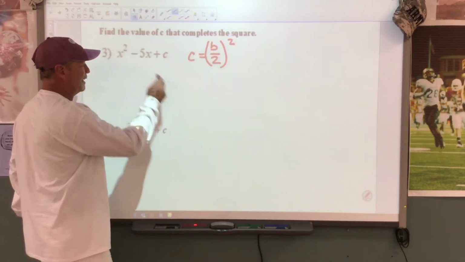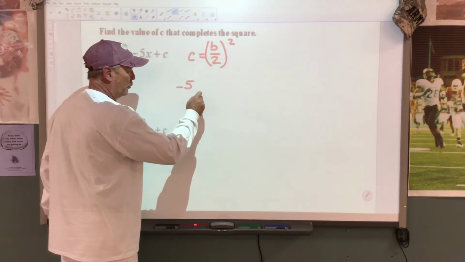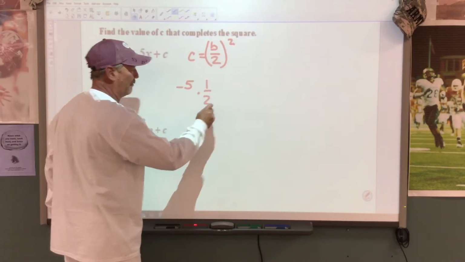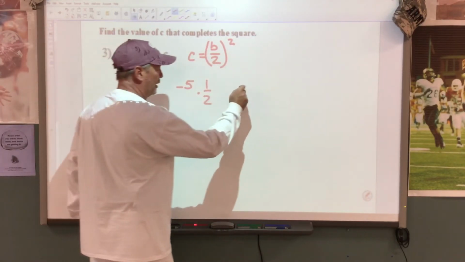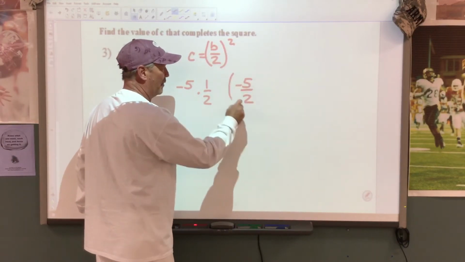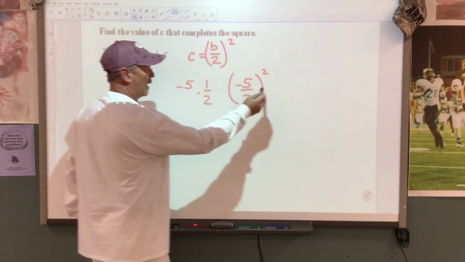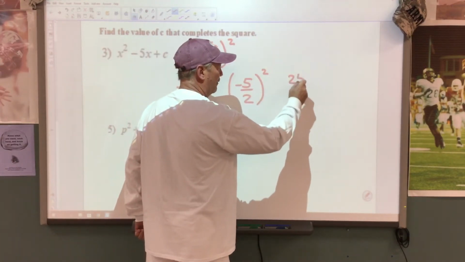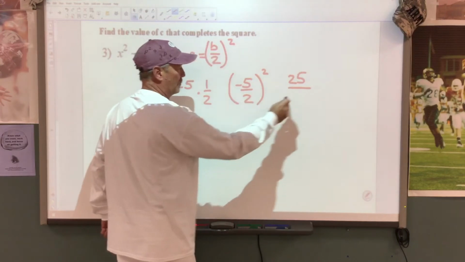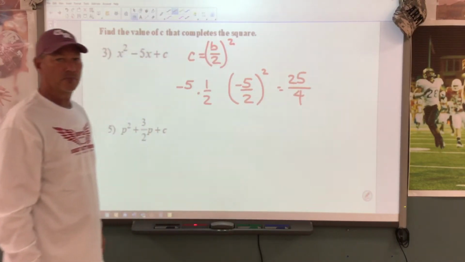So if my B value is -5 and we multiply it times 1/2, that will equal -5/2, and then we square that. -5 times -5 is 25. 2 times 2 is 4. That is my C value.